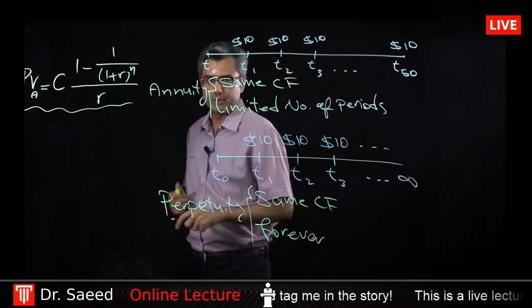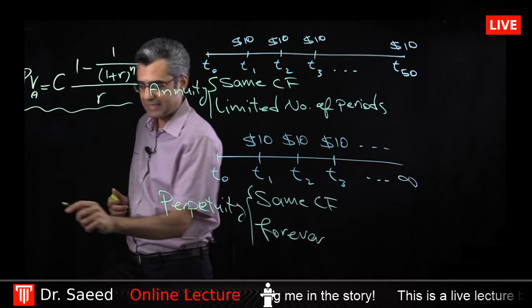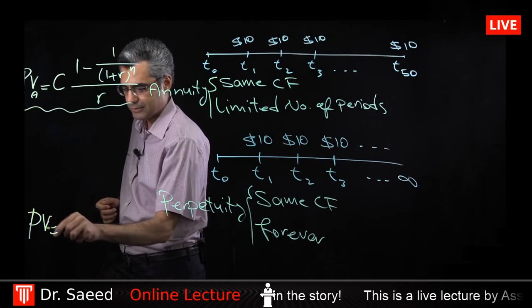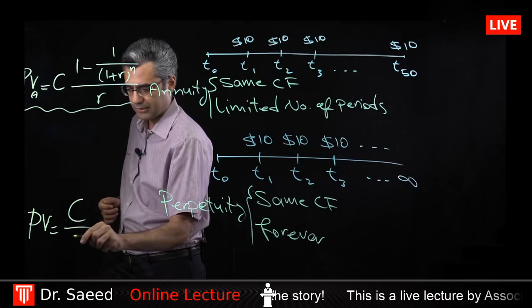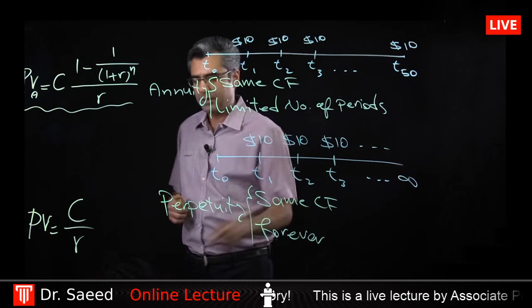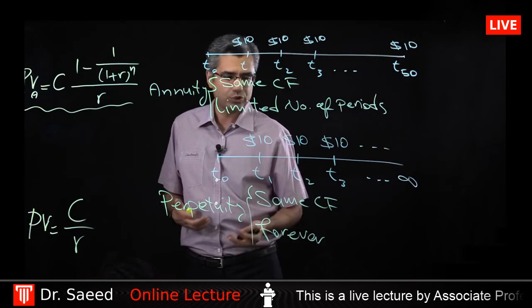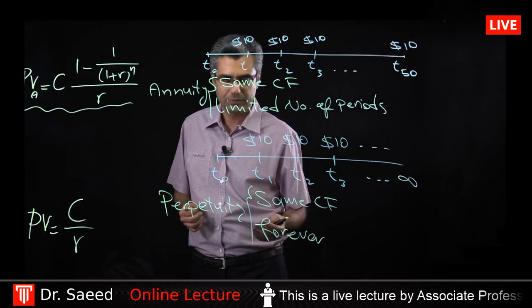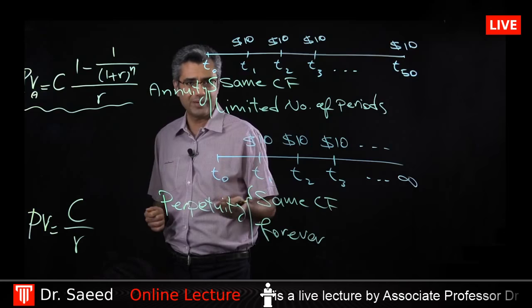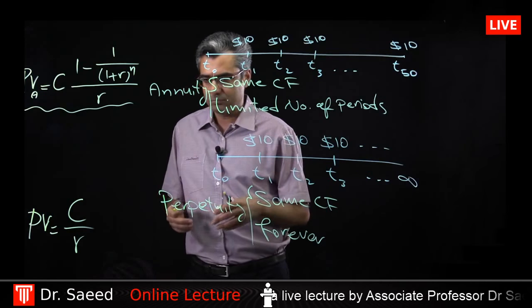What about perpetuity? The formula is very easy to memorize. The present value of a perpetuity is cash flow divided by r. The same cash flow, here $10, divided by the interest rate per period. Do we have any investment that pays us forever? Yes.